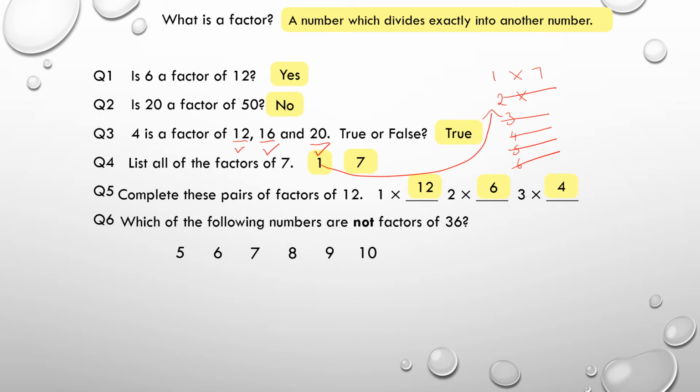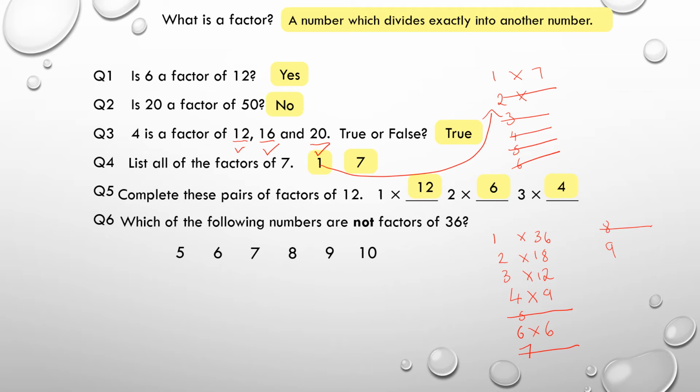Which of the following numbers are not factors of 36? So we'll do the same thing again. We could do 1 times 36. We could do 2 times 18. We could do 3 times 12. We could do 4 times 9. We can't do 5. We can do 6 squared, or 6 times 6. Can we do 7? We can't do 7. We can't do 8.